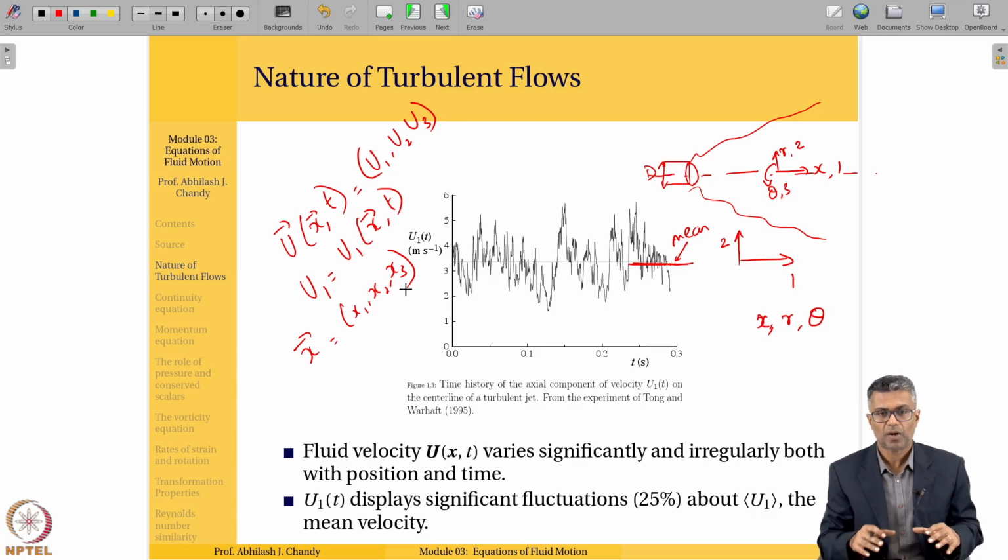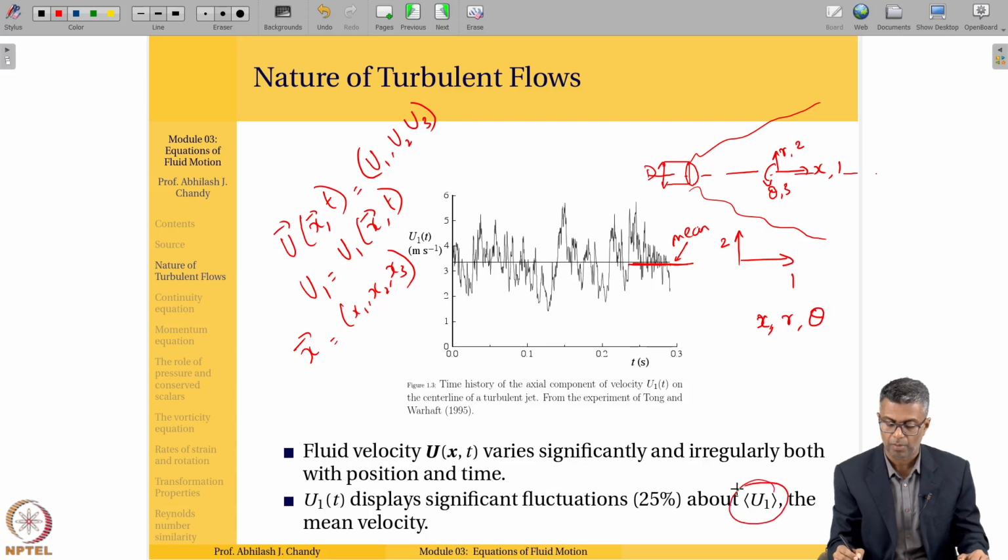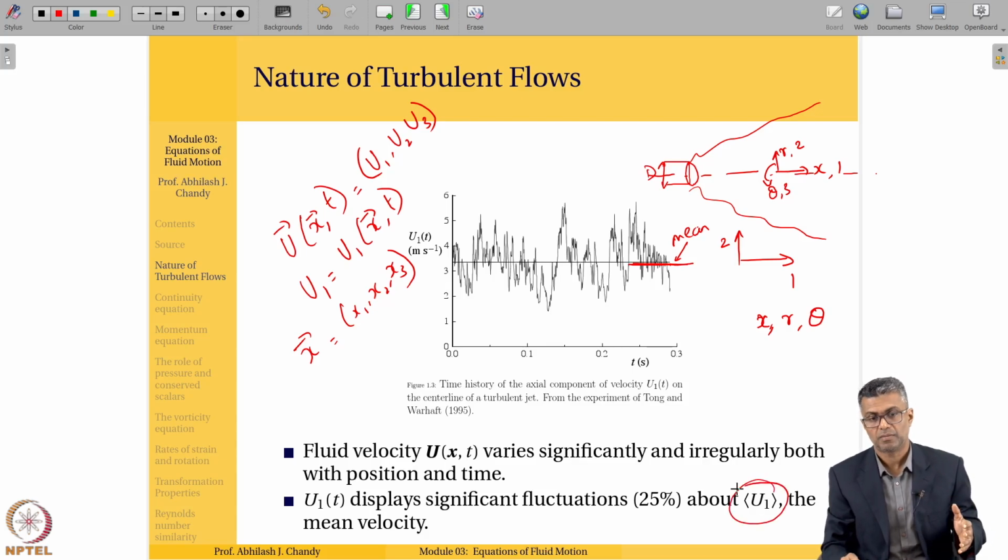Now, as a general observation, we can say that u1(t) displays a lot of fluctuations, sometimes more than about 25% about the mean, and the mean is represented by this angle bracket, u1 mean. So that is the mean velocity. The mean velocity is going to stay steady.